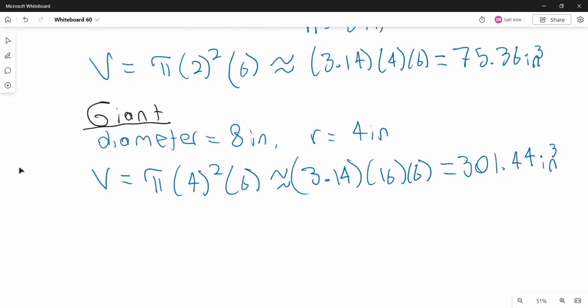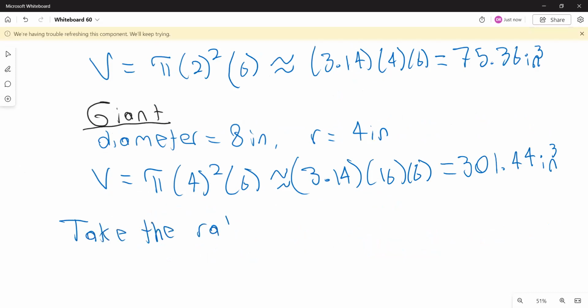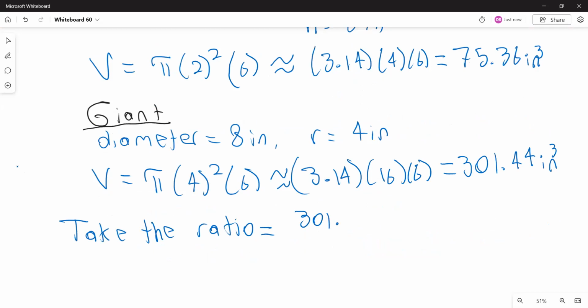Okay, so we're going to take the ratio to determine which one is the better deal. This is 301.44 over 75.36. So at the end, that's going to be equal to 4.